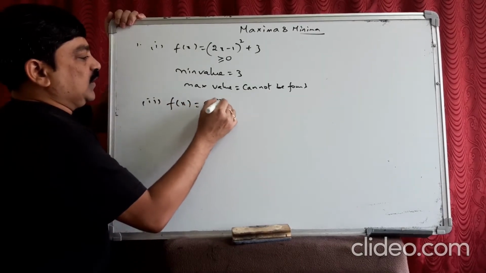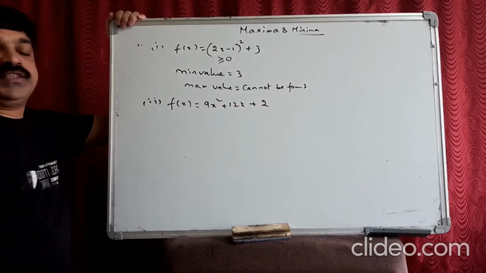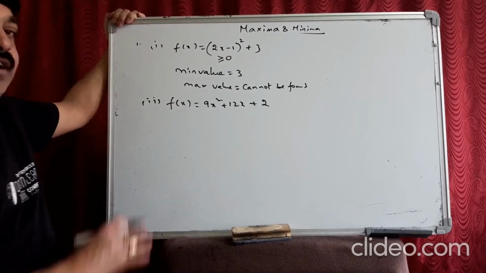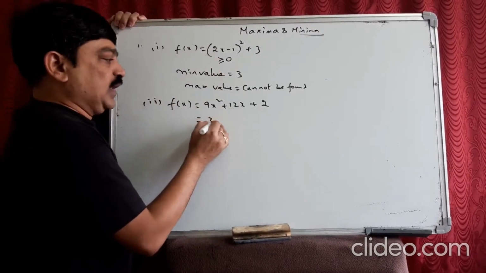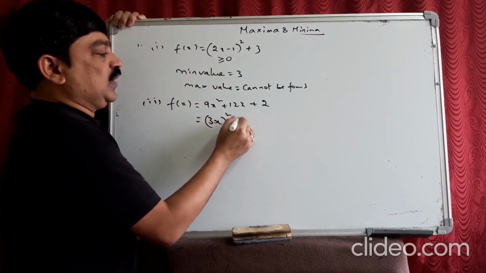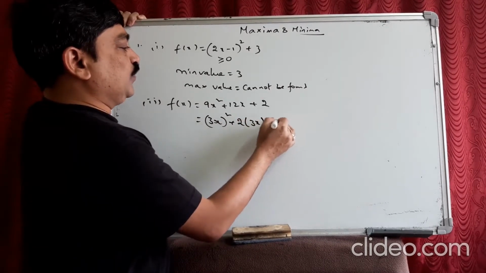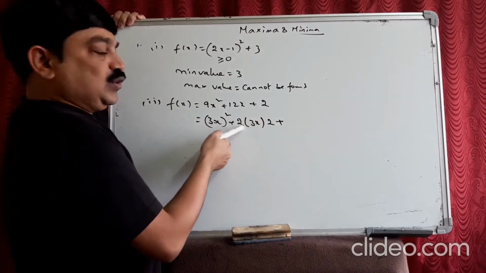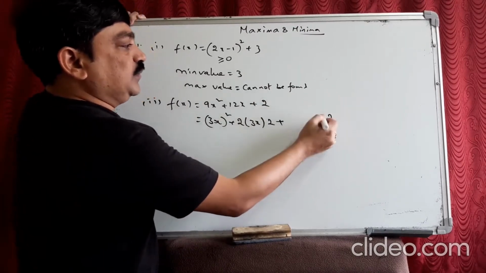In the second problem, suppose f of x is equal to 9x square plus 12x plus 2. So what I do, I'll make it into a perfect square. So (3x) whole square, 2 into 3x, that is 6x into 2. It looks like a square plus 2ab, and write down this 2 here outside.